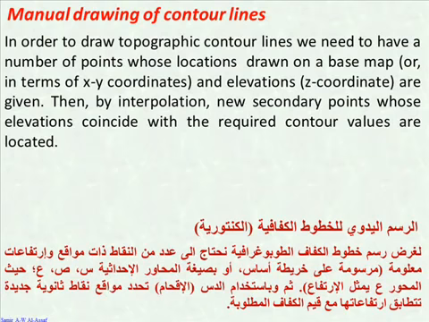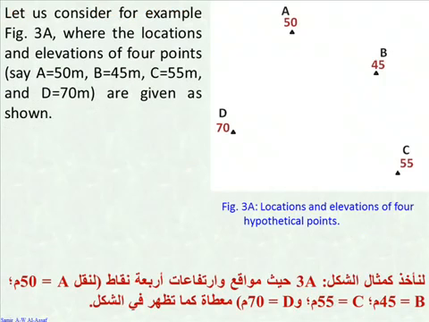Manual drawing of contour lines. In order to draw topographic contour lines, we need to have a number of points whose locations, drawn on a base map or in terms of XY coordinates, and elevations, Z coordinate, are given. Then, by interpolation, new secondary points whose elevations coincide with the required contour values are located.